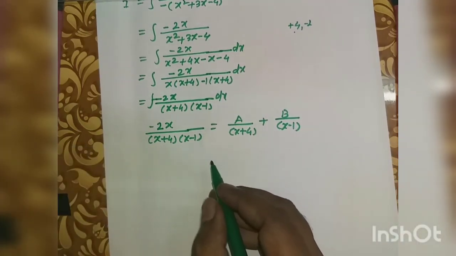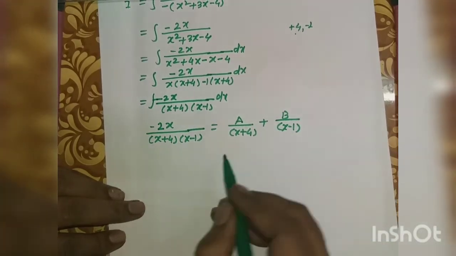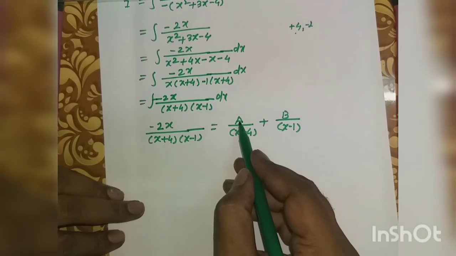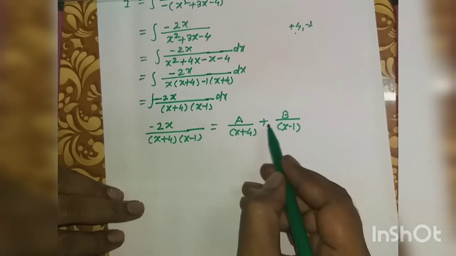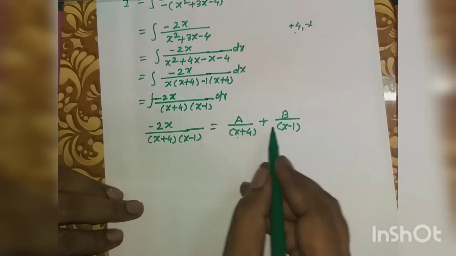Now in this type, finding the values of a and b is the most important, because once you find a, the answer of the integration is a into log of x plus 4 plus b into log of x minus 1. How to find a and b?